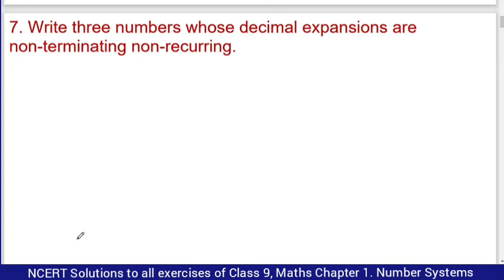Seventh question. Write 3 numbers whose decimal expansions are non-terminating and non-recurring.